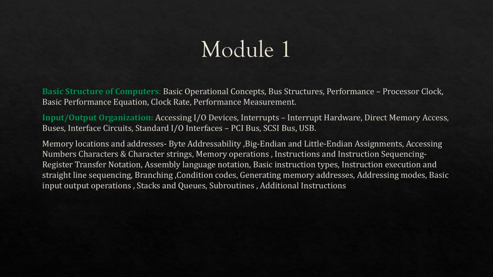Or in a simple way, you can state computer organization explains how a computer works and ARM microcontroller explains how it is used in embedded applications. This is the basic difference between computer organization and ARM microcontroller.